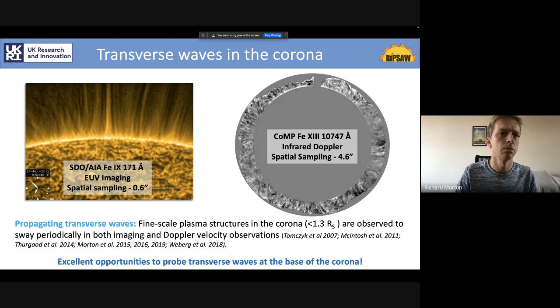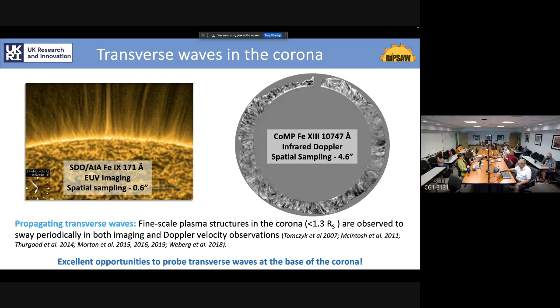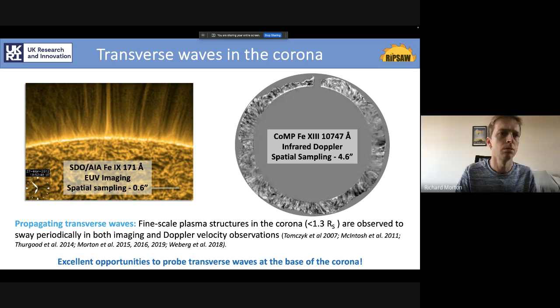So then when you show the power spectra compared, which one should we believe in the low frequency range? In SDO, it's difficult to track the fine scale features for a long period of time.